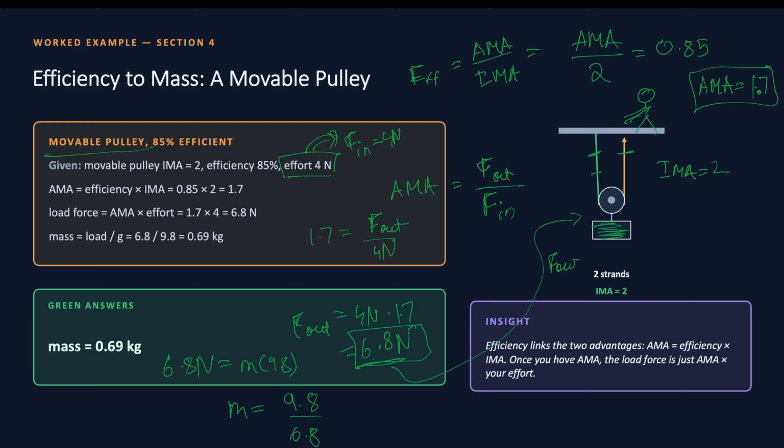Oh, whoops, almost screwed up there, right? I'm going to put the 6.8 on the top. I was wondering why my answer looked a bit fishy. 6.8 divided by 9.8. So always make sure you look at your numbers during pulleys. You could all easily trip up like how I almost did. Alright, that should give you about 0.69 kgs.